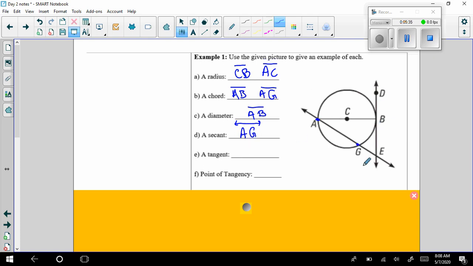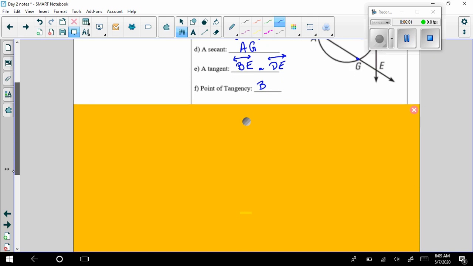And then a tangent will only hit once. You could say BE, you can say DE, you can say DB, any 2 points. The order of these can all switch. Your point of tangency, though, is point B. That is always the same in that diagram.